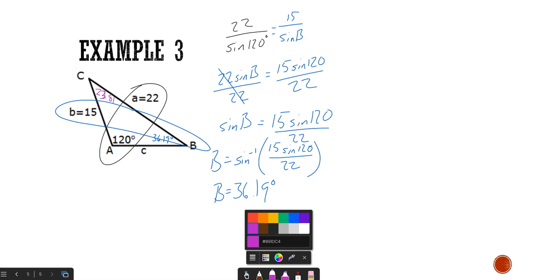All right, so now we can set up a ratio to solve for the length of side C. We're starting with 22 over sine of 120, and that's going to be equal to C over sine of 23.81, sorry.